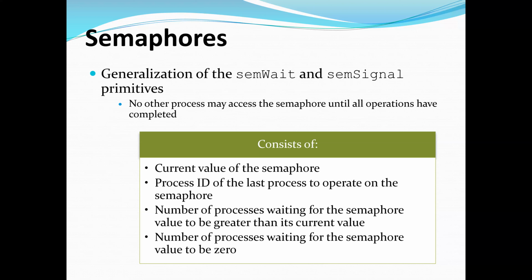Semaphores are actually created in sets, where a semaphore set consists of one or more semaphores. Also, there's the semctl system call, which allows all of the semaphore values in the set to be set at the same time.